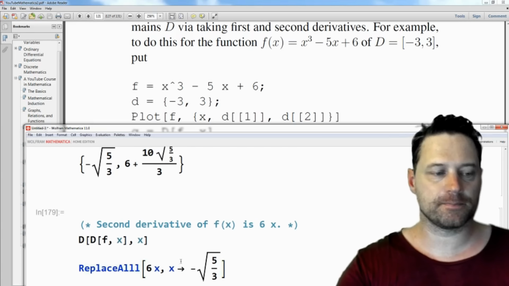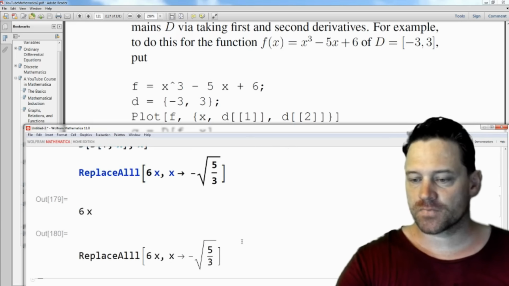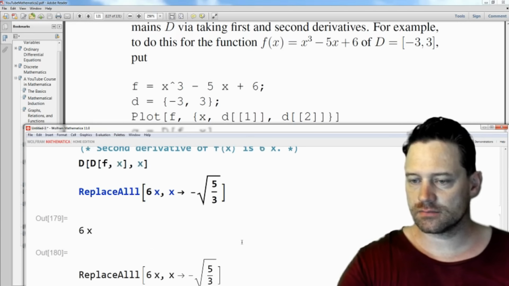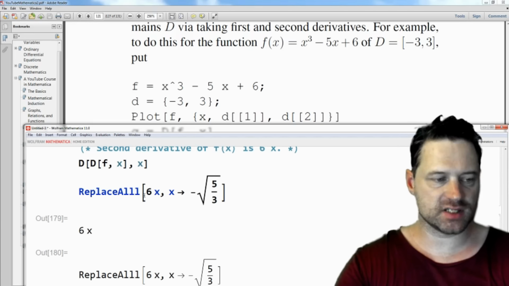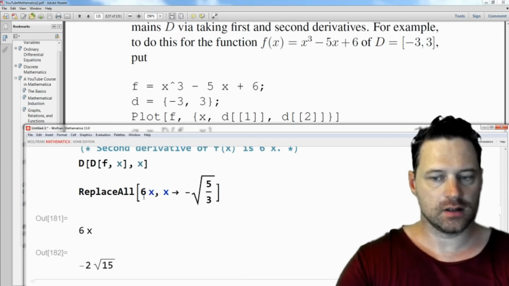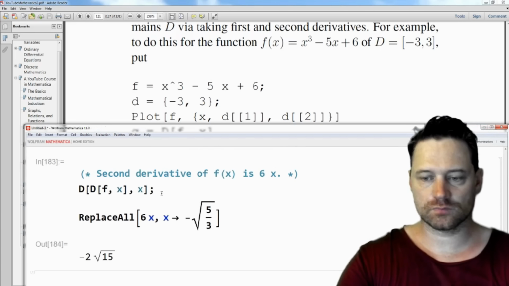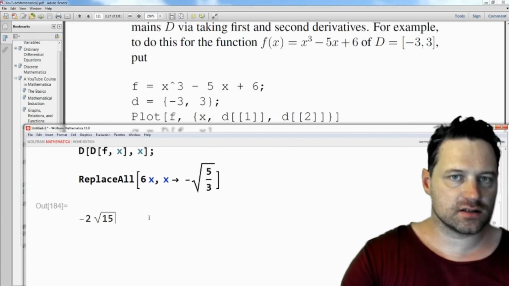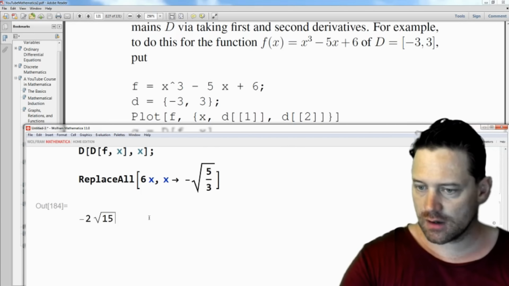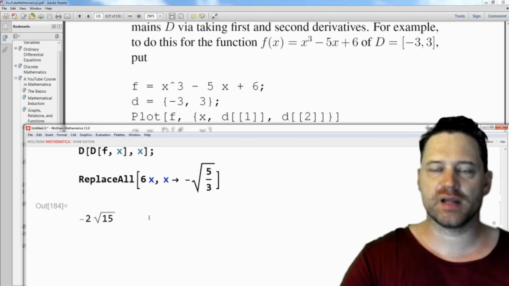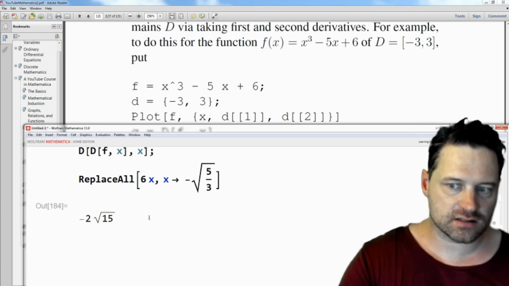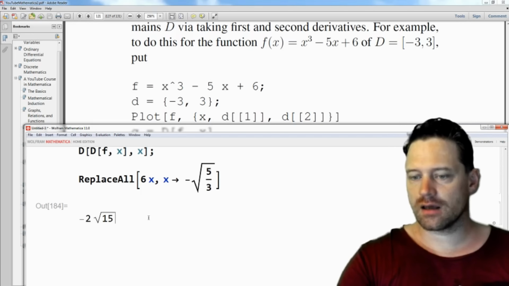Okay, shift enter. Okay, all right, so here we have what we're after, which is minus 2 times the square root of 15. Now you ask yourself, is this plus or minus? Well, it's minus, okay? So what does that say?